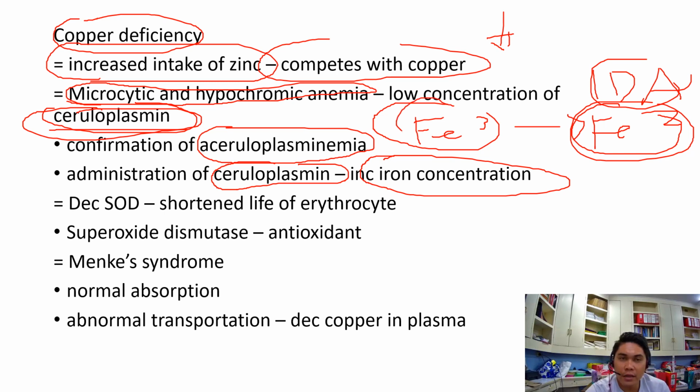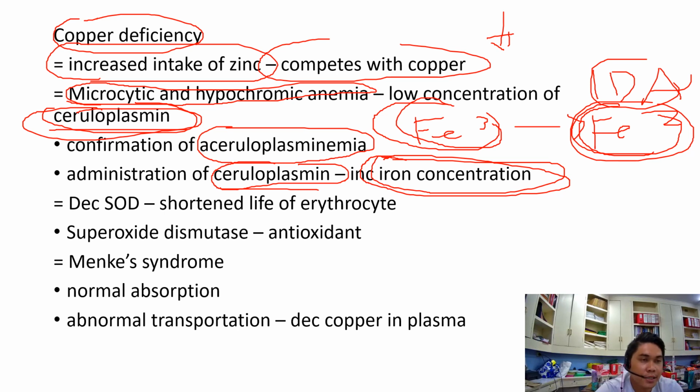I think Fe3 is what is stored, but what is used is Fe2. Before the administration of ceruloplasmin, you have decreased iron concentration, but after the administration, you have increased iron concentration. So that's the confirmatory for aceruloplasminemia.